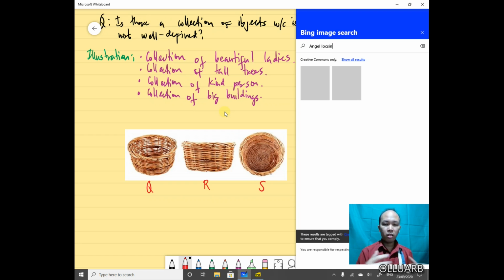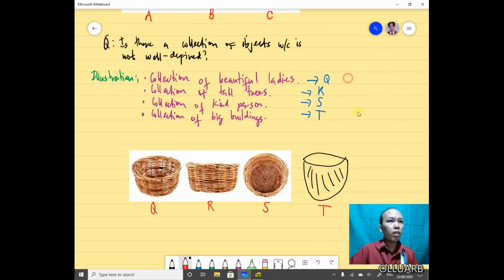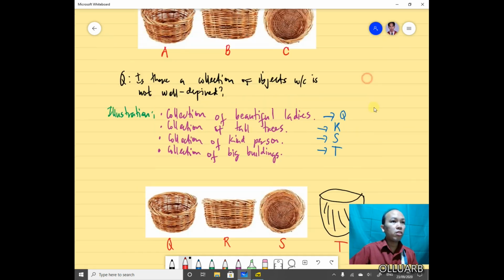Is that something? Can we look at the definition of the word well defined? Okay. It says there that we have no image because it says it's Creative Commons. Anyway, suppose we have angeloxine.